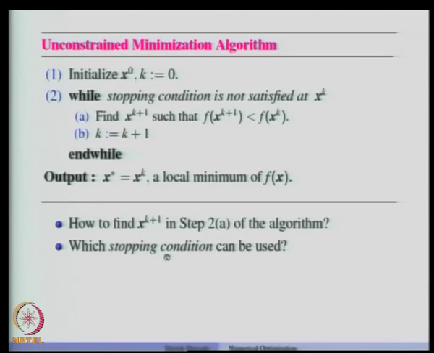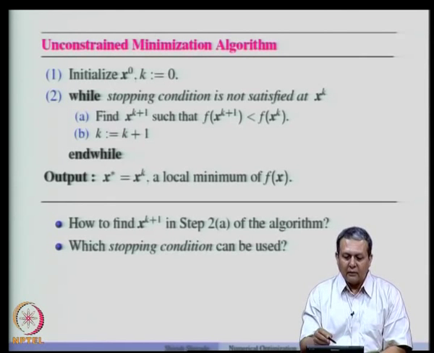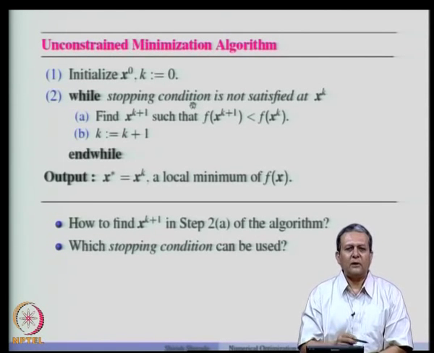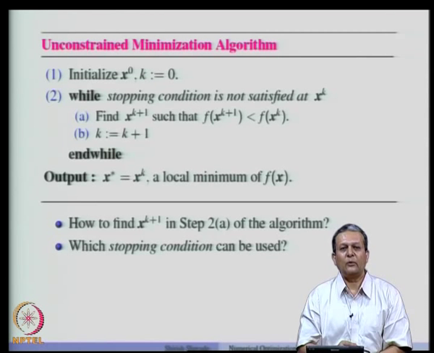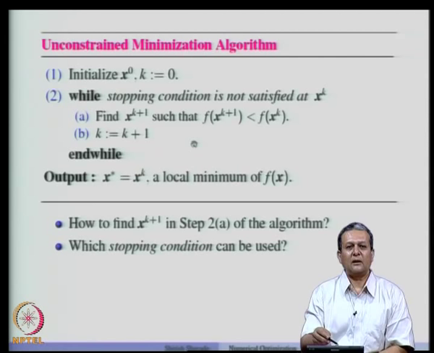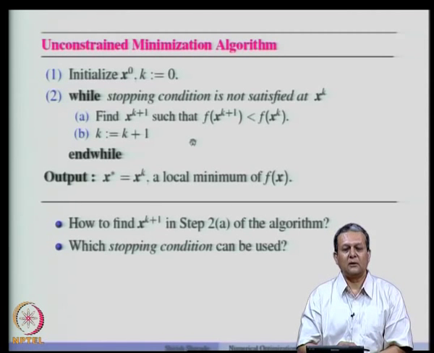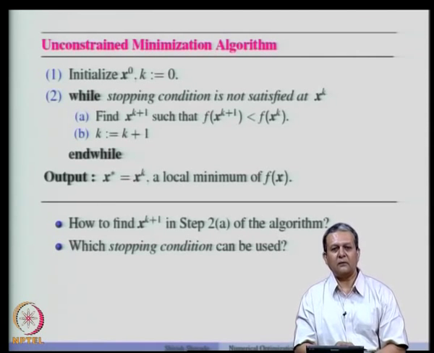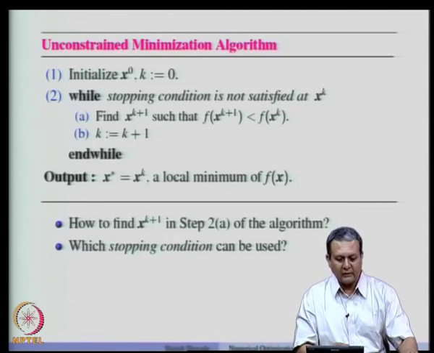The next question is which stopping condition can be used. As we will see later, there exist different stopping conditions to terminate an algorithm. Remember that we cannot afford to generate an infinite sequence of numbers, so we want some stopping condition where the algorithm terminates. Which stopping condition is more appropriate? We will study that in the next lecture.